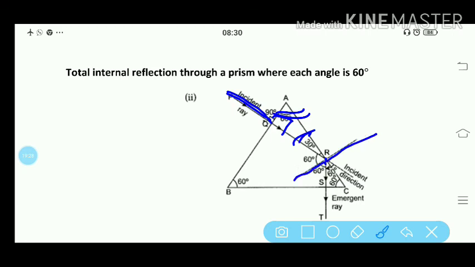Now since this is our normal, 30 plus 60 is 90, so this angle is 60 degrees. The angle of incidence is 60 degrees, which is more than the critical angle of the glass, that is 42 degrees. So we have total internal reflection, and hence this ray will pass straight away from the prism as ST. Thank you.